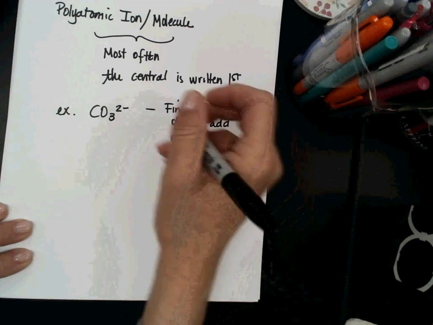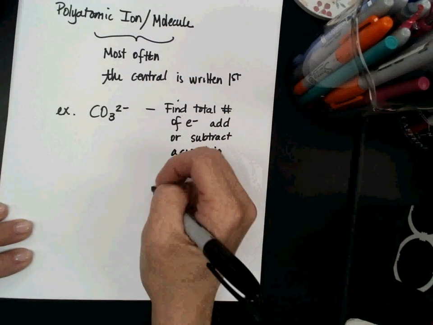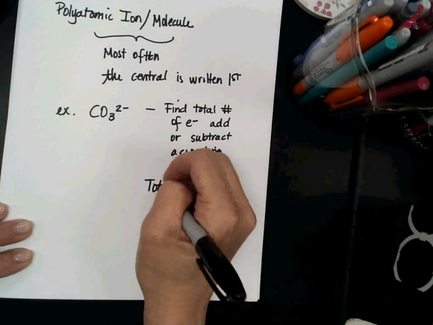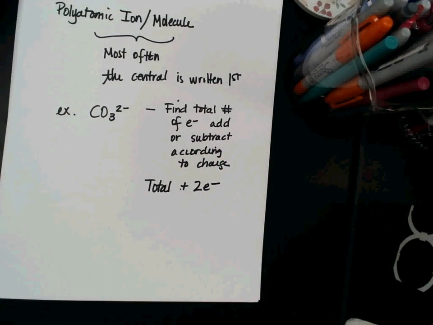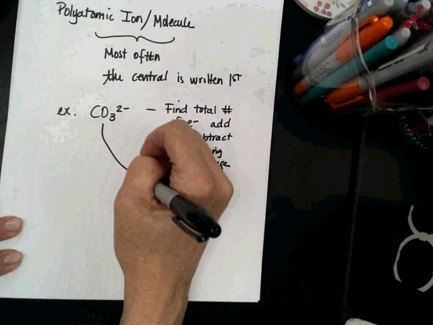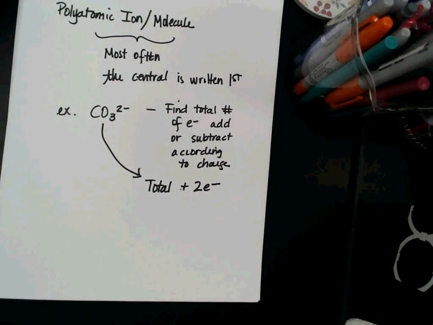So in this case, I would find the total, and then add 2 electrons because I have a 2 minus charge. So I can't forget that. So that's my polyatomic ion.